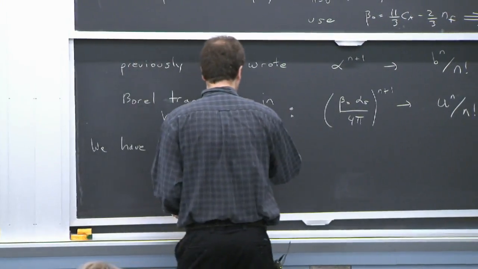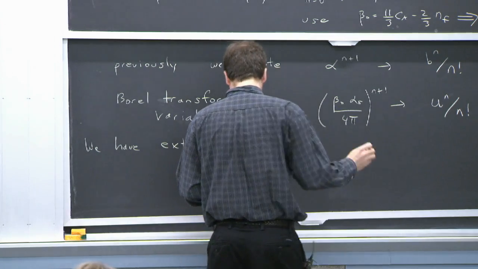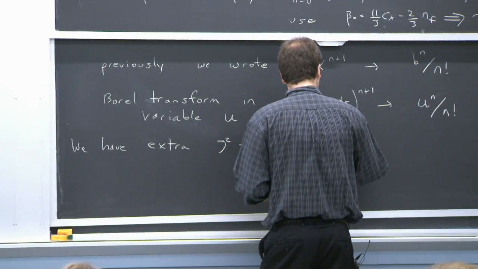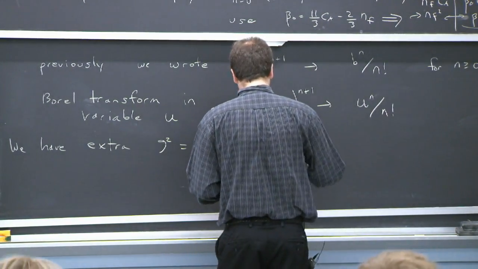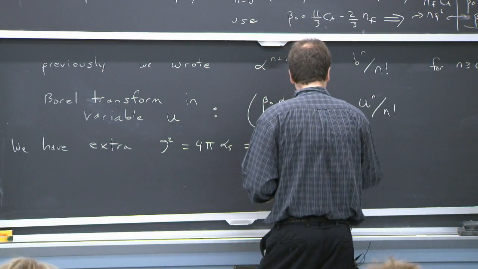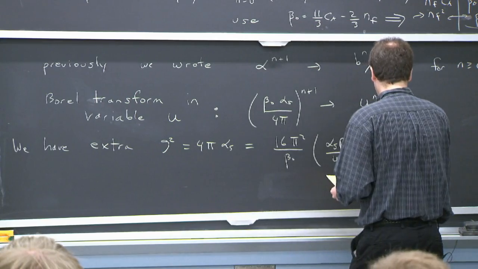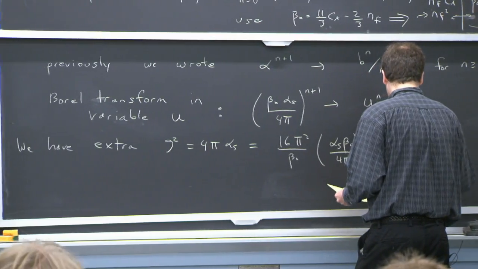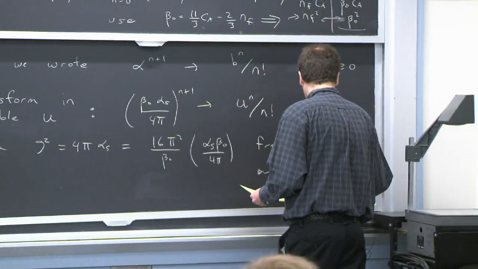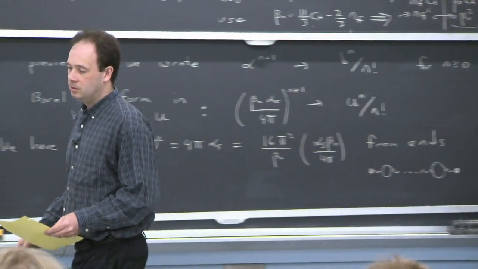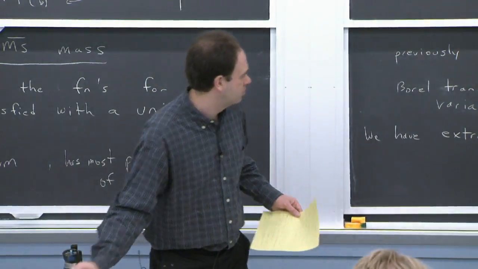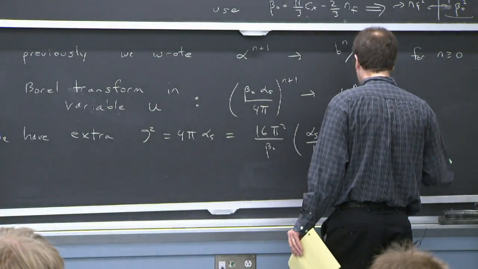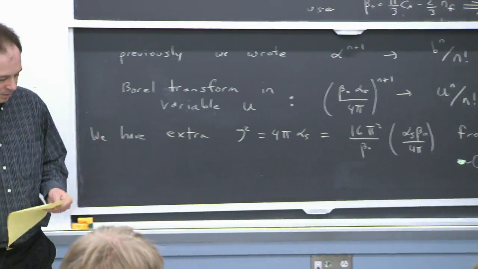So we have an extra g squared, which I'm going to write in terms of this variable. Okay, so there's an extra factor of g squared from the ends.